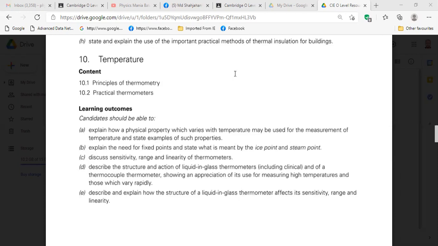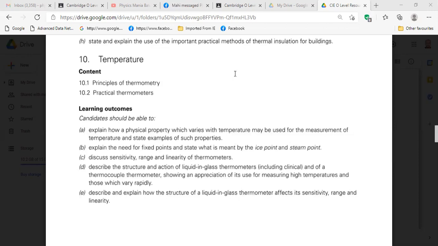So the temperature difference, like in one place there is cold in the junction, and another place we have hot in the junction. This difference in temperature creates one EMF in the circuit.